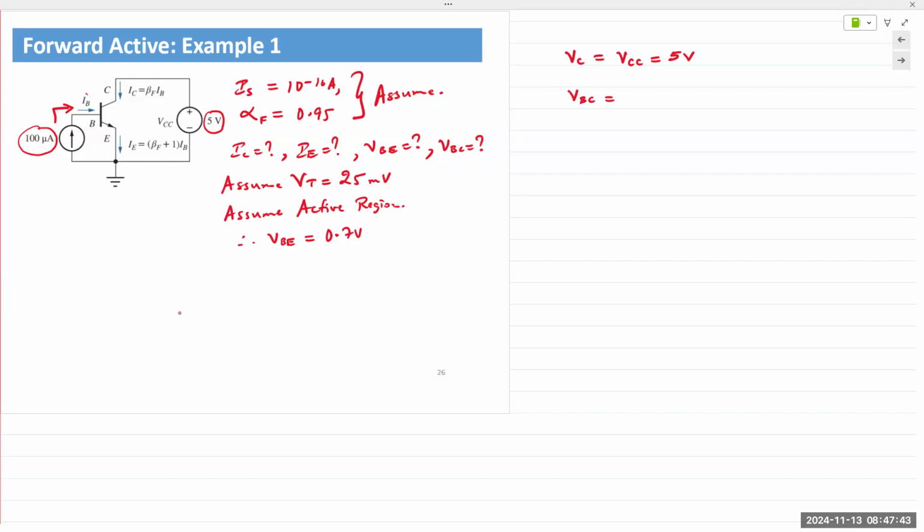VBC would be the difference between VB and VC, and that would be equal to 0.7 minus 5, which gives me minus 4.3 volts.